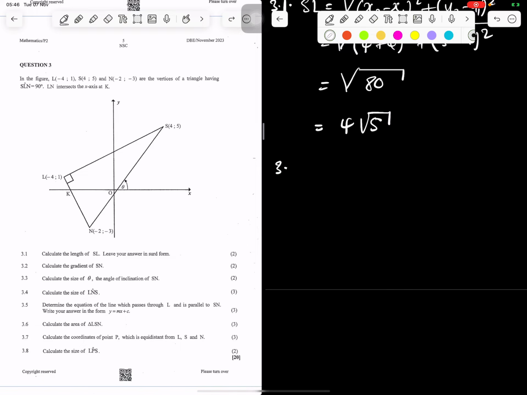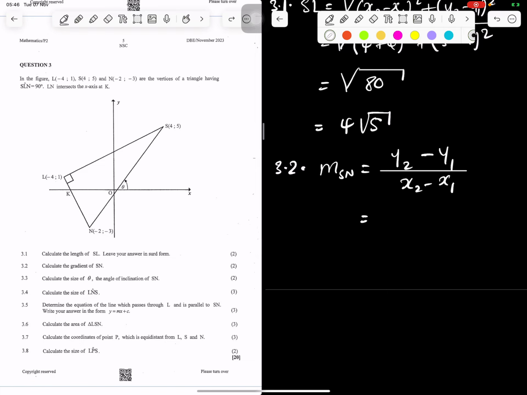Now, 3.2, they say calculate the gradient of SN. So the gradient of SN is normally the change in y over the change in x, which is y2 minus y1 over x2 minus x1. Let's substitute everything for SN. I normally like to start from the positive points.